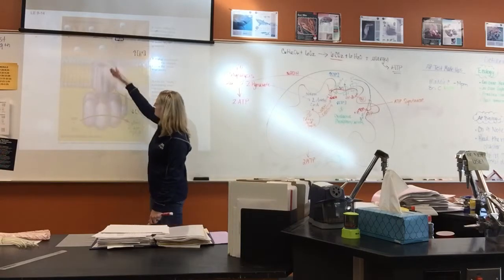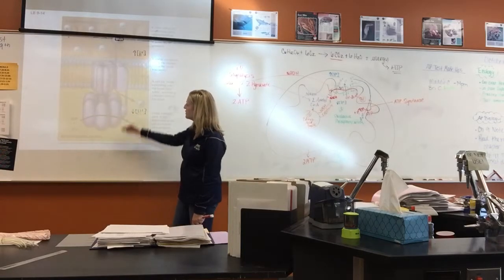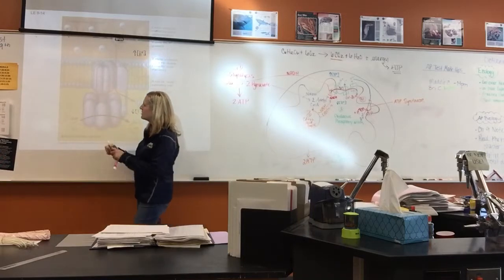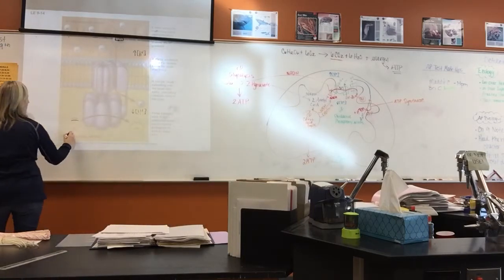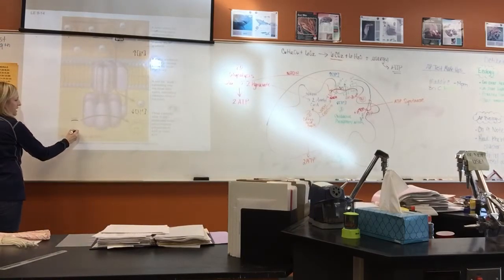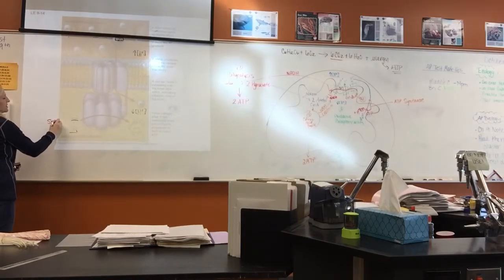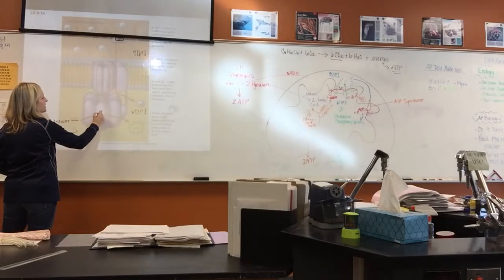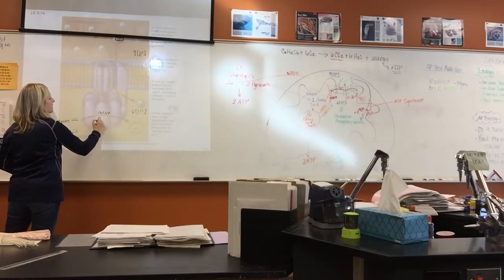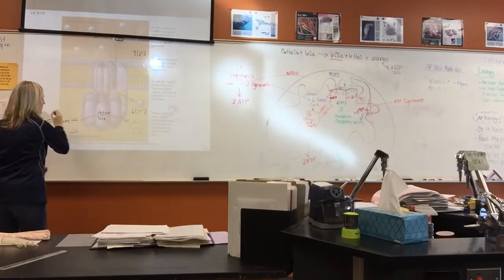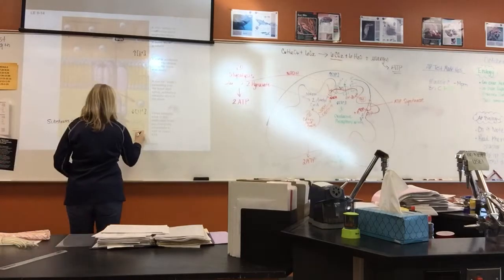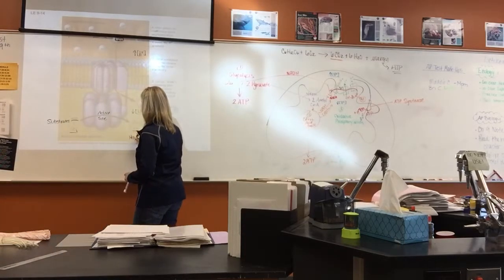So the H pluses diffuse through, changes the shape of the enzyme, so that now ADP and your phosphate, remember inorganic phosphate means it's not attached to anything. These guys are your substrates. And the substrates now can fit into the active site, and the enzyme can convert your substrates to your product, which is your ATP.